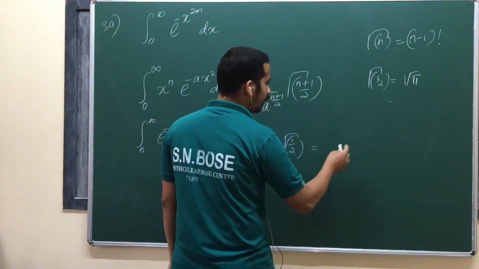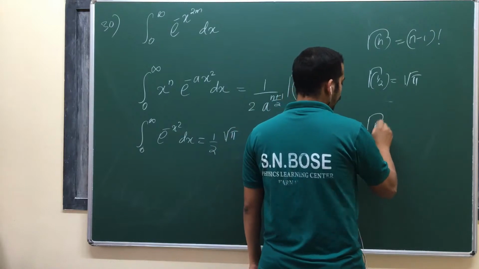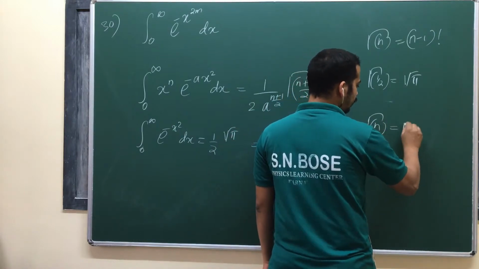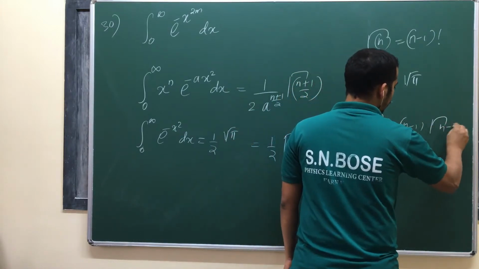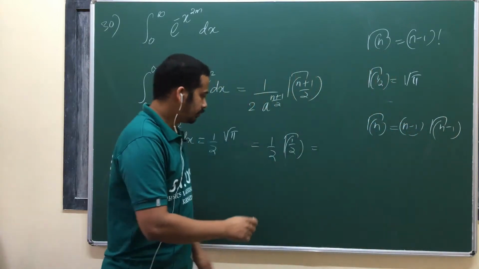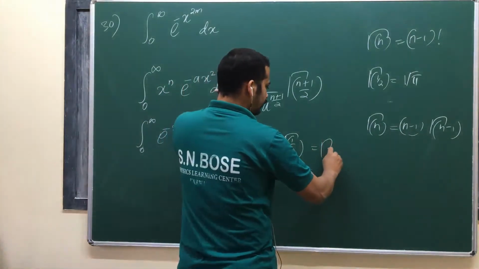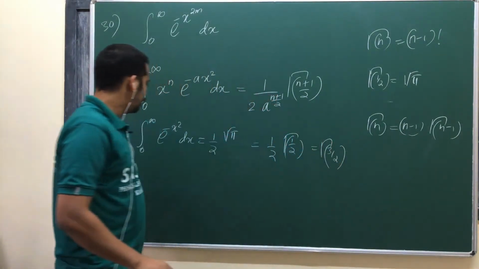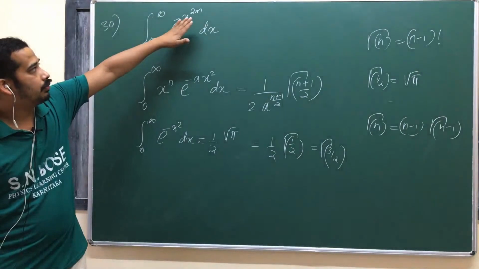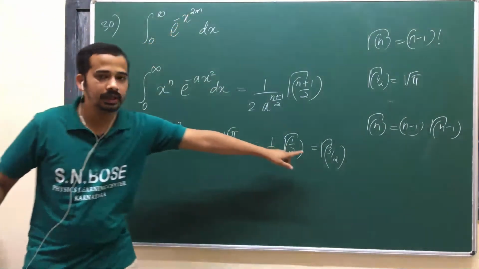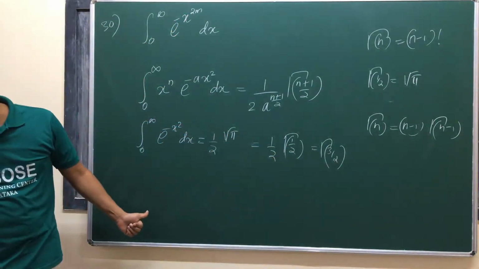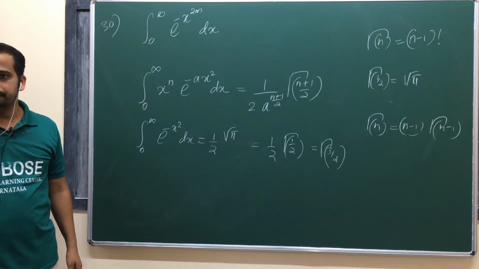Half gamma half, we know this idea: gamma of n is equal to (n minus 1) gamma (n minus 1). I hope if you have solved problems, you know this is gamma of 3 by 2. So if you put m equal to 1 here, you should get gamma of 3 by 2. I think only one option will satisfy that.